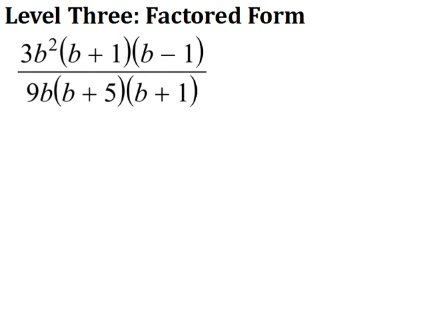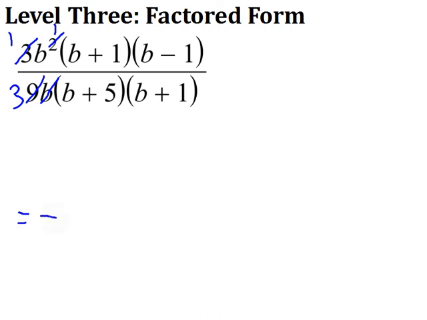The first two, the 3b squared and the 9b, get simplified just like we did with our monomials in level 1. So 3 goes into itself once and 9 3 times. Those were, 3 was the GCF there. B squared and b, I can cancel 1 here and take 1 away there.